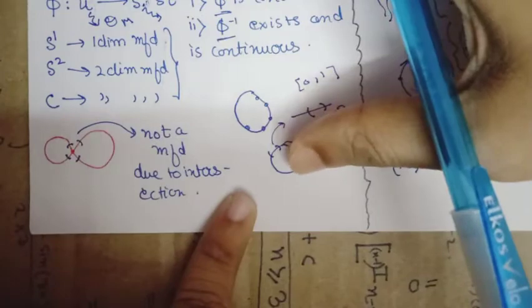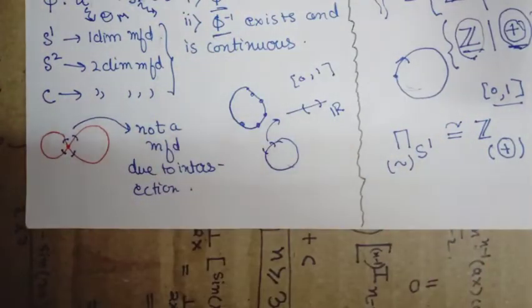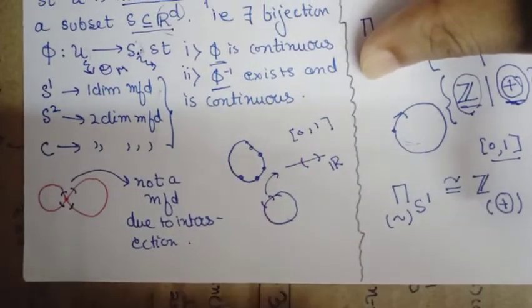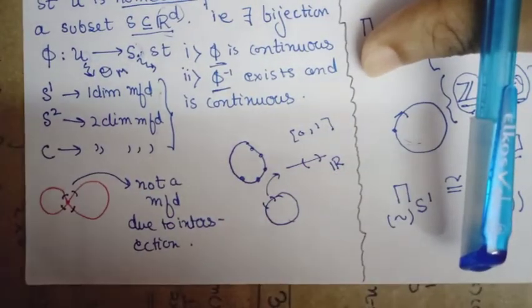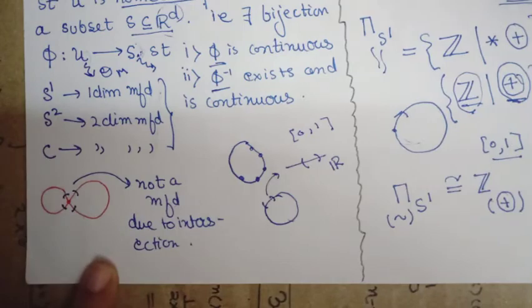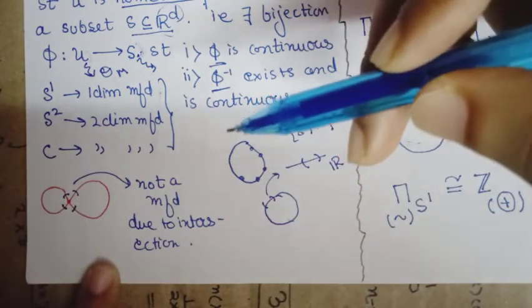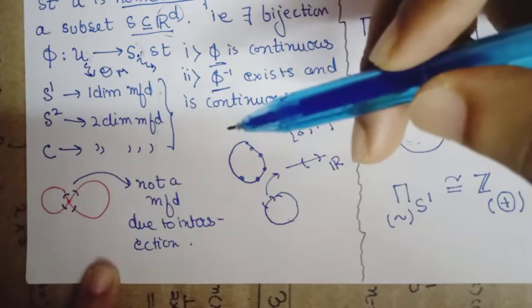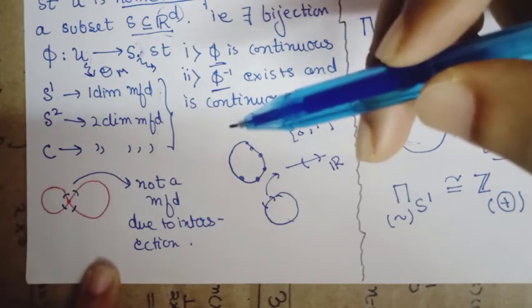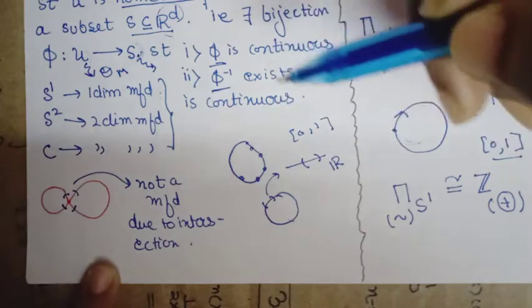So in other words, if a surface locally looks like an R^d space, then it is called an R^d manifold. While walking on a sphere, locally you will see that the sphere just looks like a two-dimensional plane.